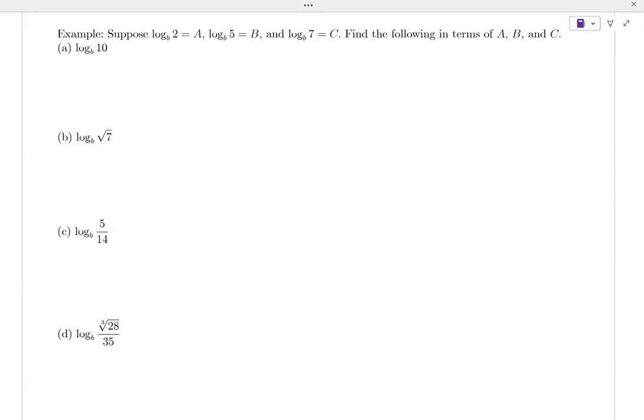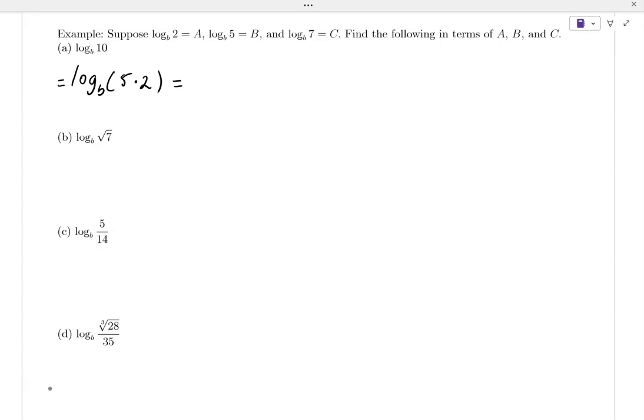All right, so the first thing I notice is that we have log base b of 10. This is the first example. How can I rewrite 10 as a product? 5 times 2, good. Now I've got a log of a product: log base b of 5 times 2.